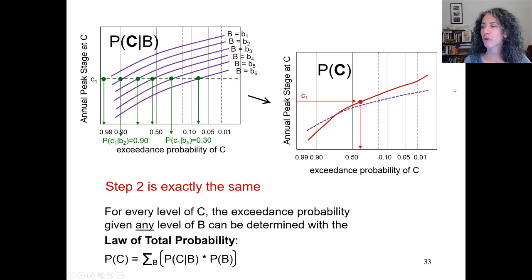Now, this isn't surprising, right? The situation we're modeling here is that there's some correlation between the tributary flow and the main stem stage. So tributary flow and main stem stage tend to be high at the same time. So if they tend to be high at the same time, then a higher tributary stage is more likely, right? So the upper end of our frequency curve would be expected to be higher, right? And tributary flow and main stem stage tend to be low at the same time, so the lower end of our frequency curve is going to be lower.